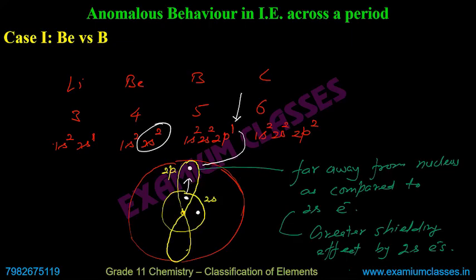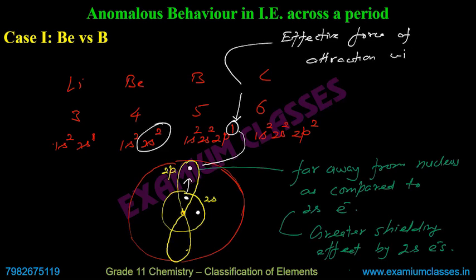So for 2p electron, effective force of attraction will be less than 2s electrons.